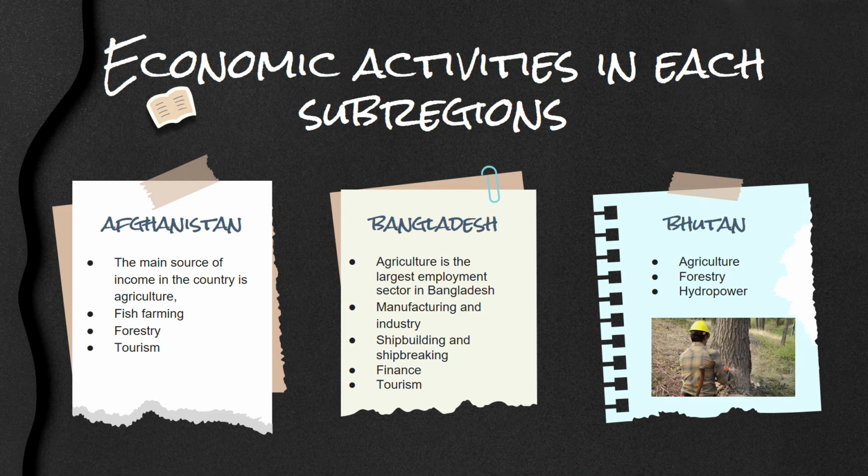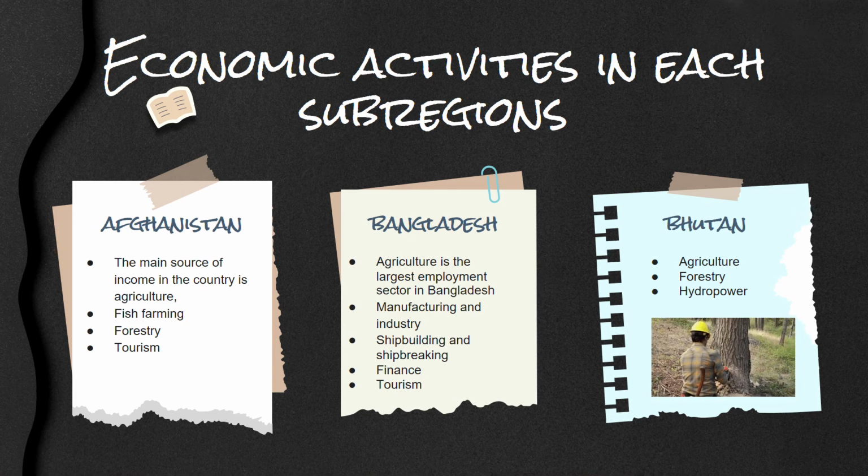Next one is Bhutan. Bhutan's small economy is based largely on hydropower, agriculture, and forestry, which provide the main livelihood for more than half the population. Because rocky mountains dominate the terrain and make the building of roads and other infrastructure difficult and expensive, industrial production is of the cottage industry type.